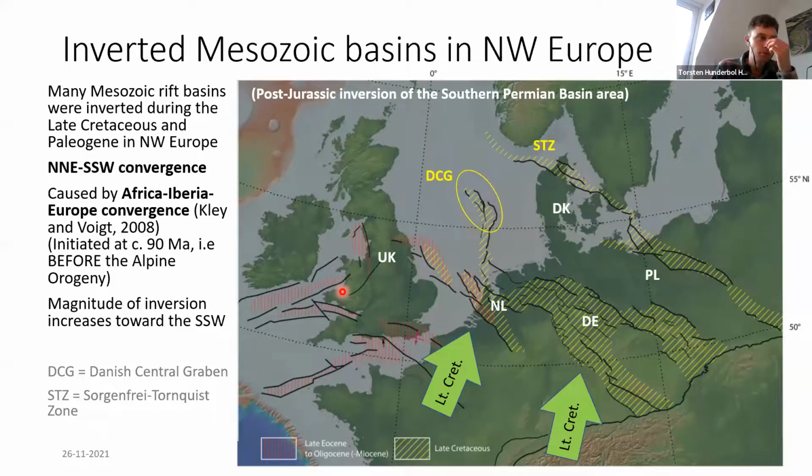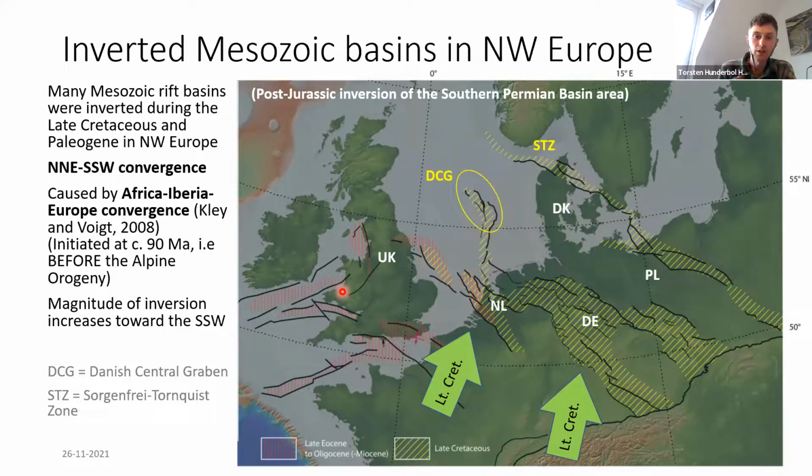It's probably around 30 years ago that in the classic papers by Ziegler, the cause for this inversion was mainly thought to be the alpine orogeny, but we know now that inversion actually initiated before the alpine orogeny did, while we still had oceanic lithosphere between the converging plates.